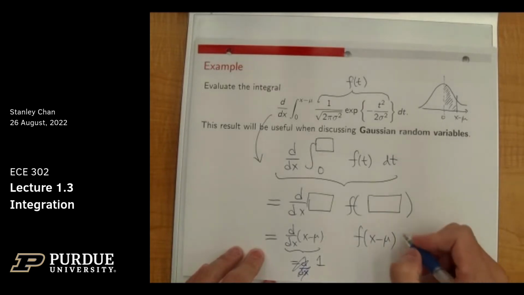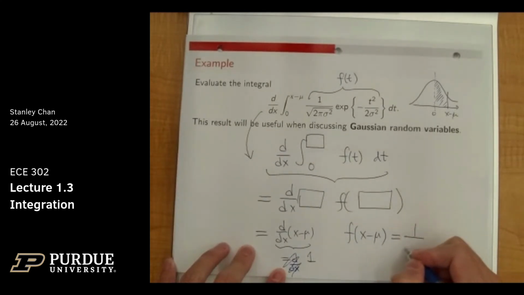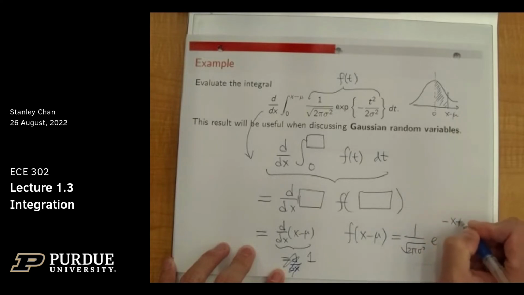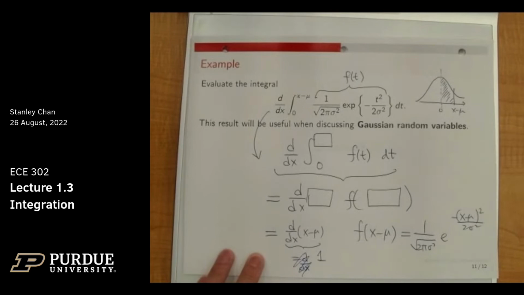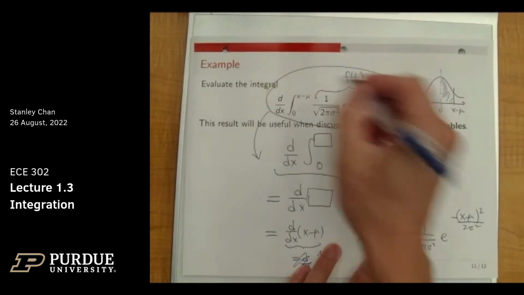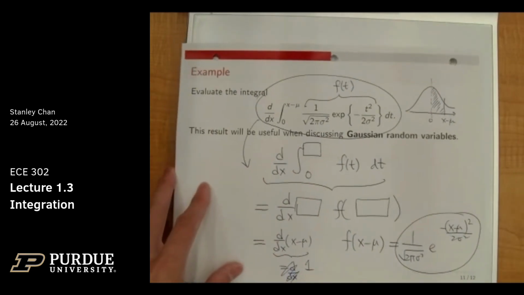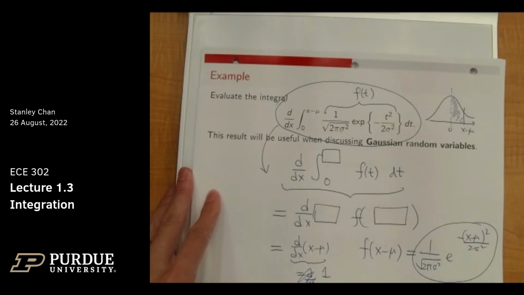So what do you end up having? Well, you just have this f evaluated at x minus mu, and this is going to be 1 over root 2 pi sigma squared, e to the power minus (x minus mu) squared divided by 2 sigma squared. I can actually show you that this big integral and derivative will give you a very simple formula at the end. Questions?